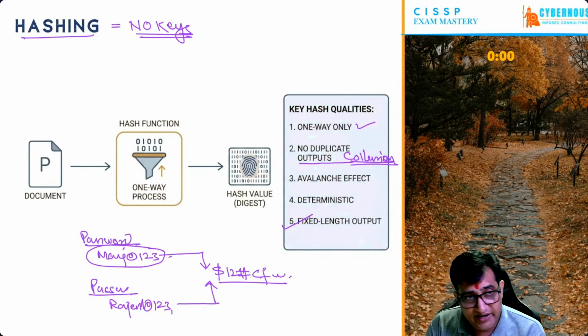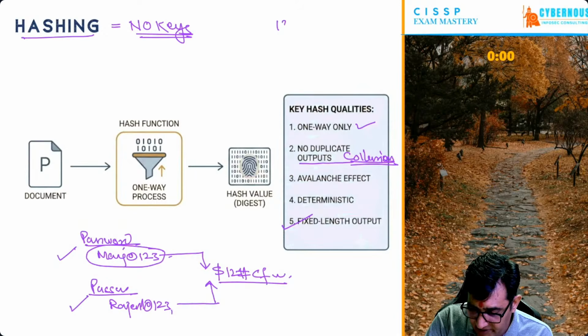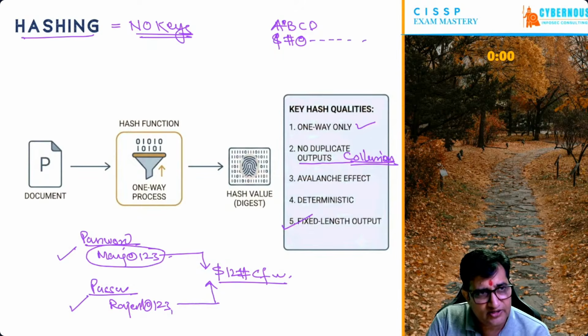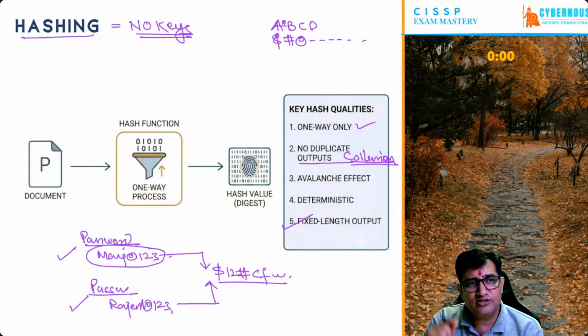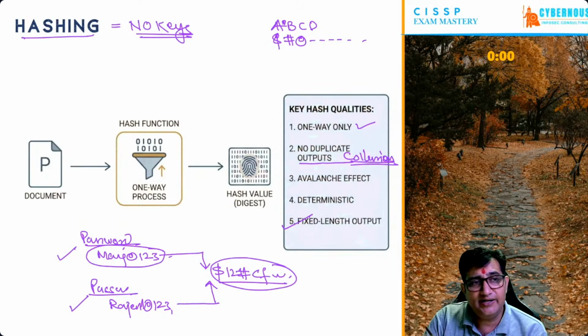And this can be very detrimental because the hacker does not mind if your password is Manoj@123 or Rajesh@123, or just ABCD, or a very complex password. It does not matter, because at the end of the day, the hacker wants just this value and he is going to use it.